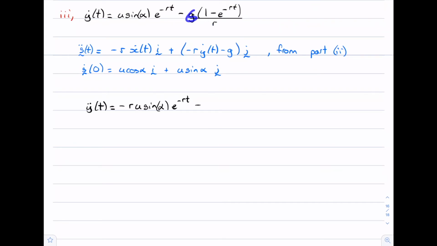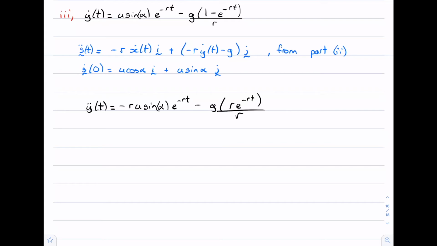The g on r is just a constant that we're multiplying by. So when we differentiate, it really comes down to differentiating what's inside this bracket here. And when we differentiate that, we get positive r e to the minus rt, of course over r. Now convince yourself that that is correct.